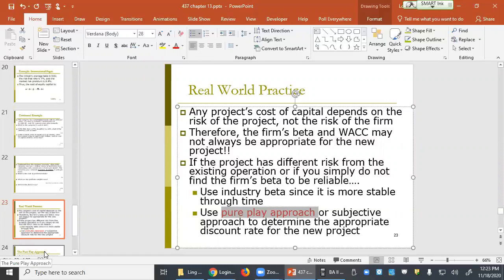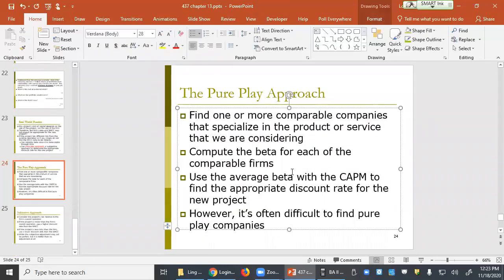And what is the pure play approach? So the pure play approach says that we need to find at least one, preferably more than one, comparable firms that operate in that particular industry that we are trying to evaluate. Then for each comparable firm, we will find the beta, so one beta for each comparable firm.